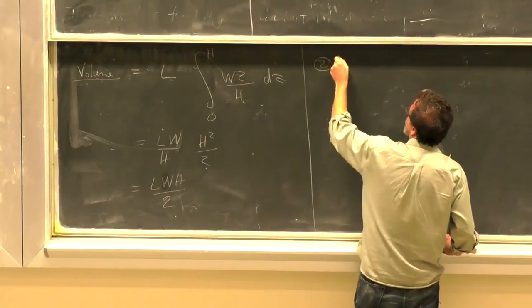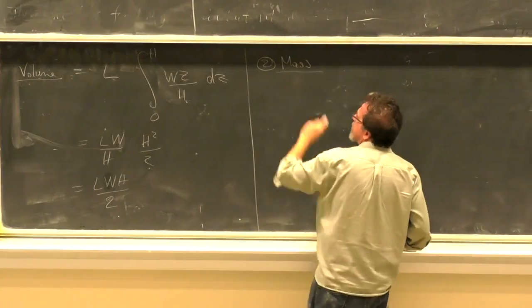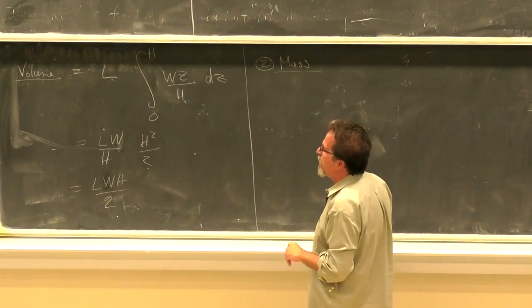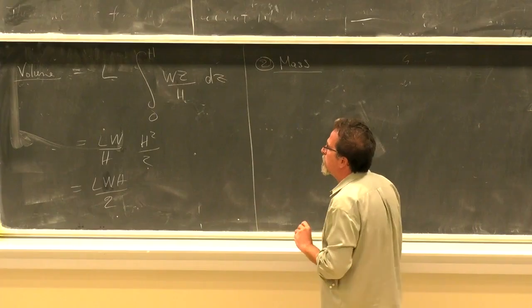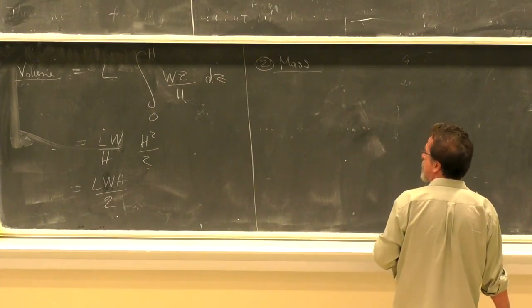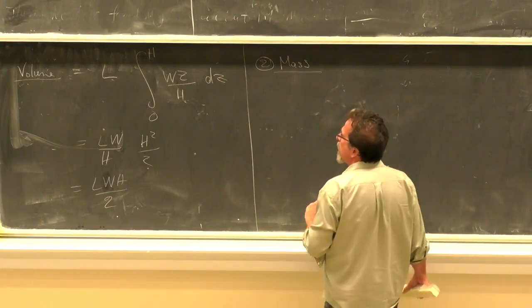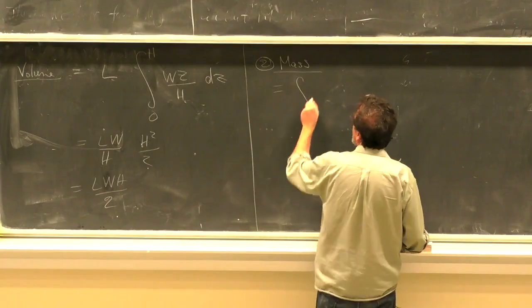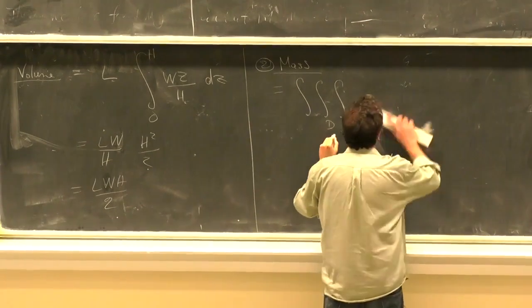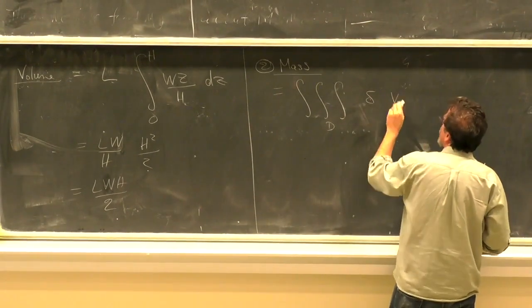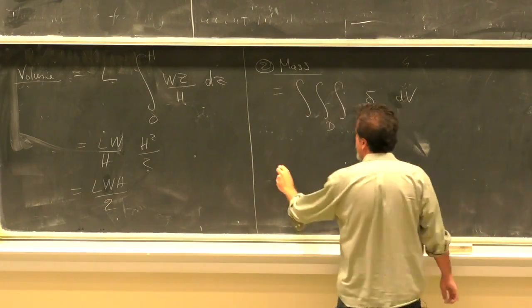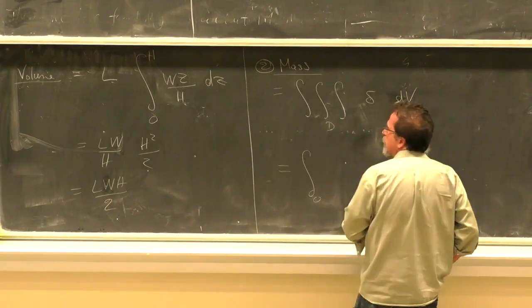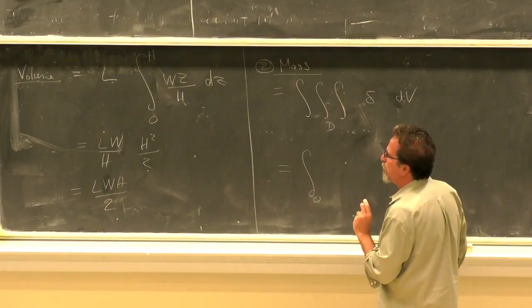The second computation is the mass. So how do I calculate the mass? Well, the mass is equal to the triple integral over the domain D of the density integrated with respect to volume. And if I've done this nicely, I hope that I can continue to use this order of integration.